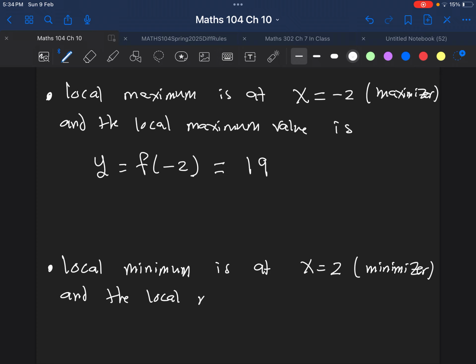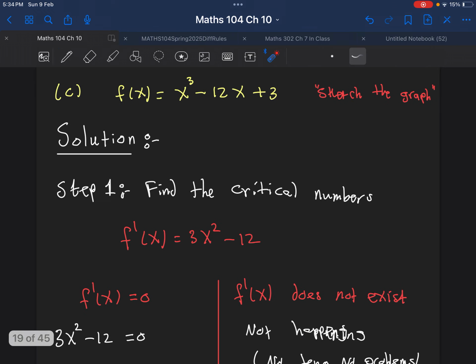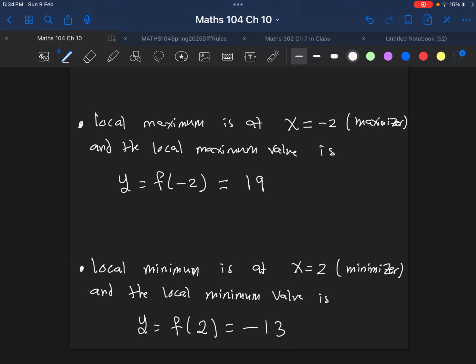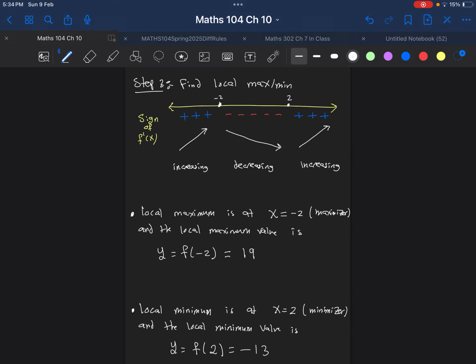And the local minimum value is y equal f of 2. That means we go here and substitute 2. It will be -13. If you have the calculator, the answer is -13. That's how we find the local maximum and local minimum, and we write their values.